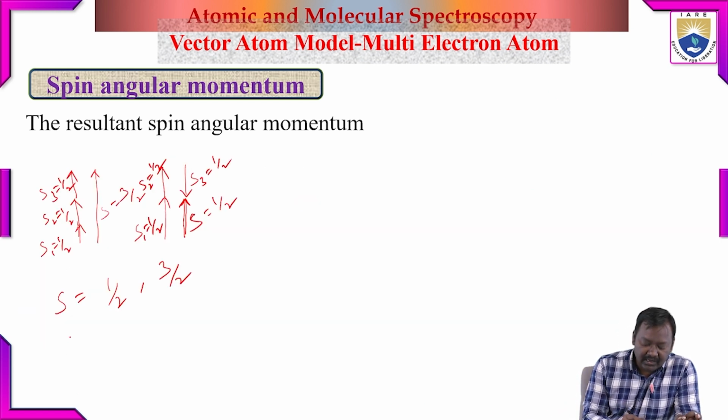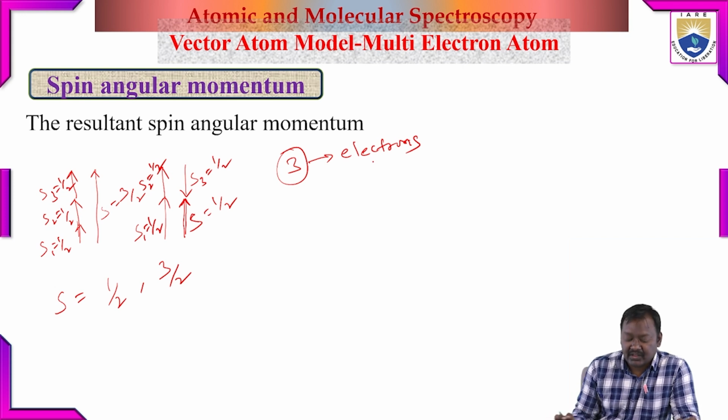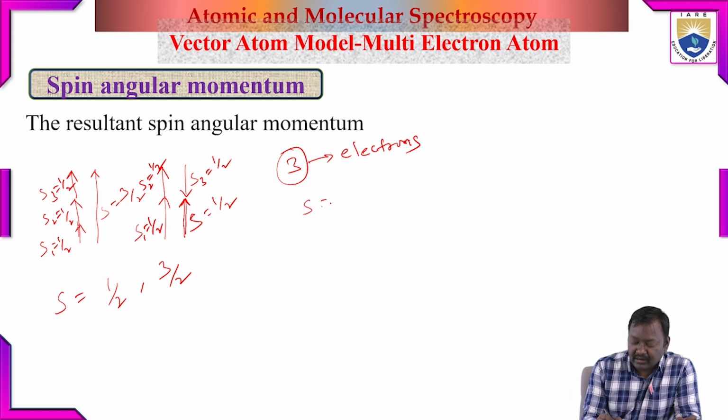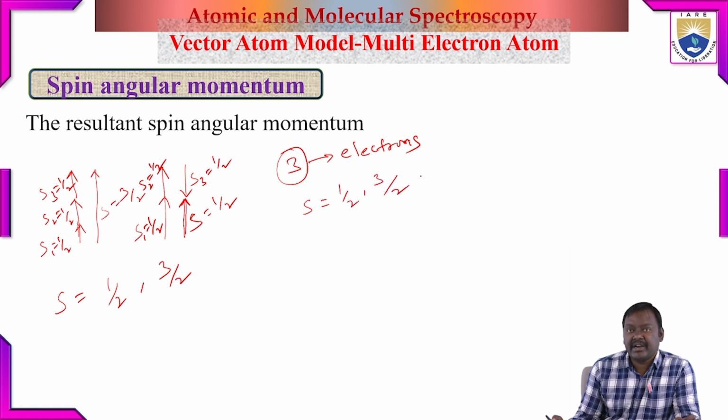For example, if there are three electrons, we can see here that the total spin quantum number S is equal to either 1 by 2 or 3 by 2, depending on the orientations of the electrons.